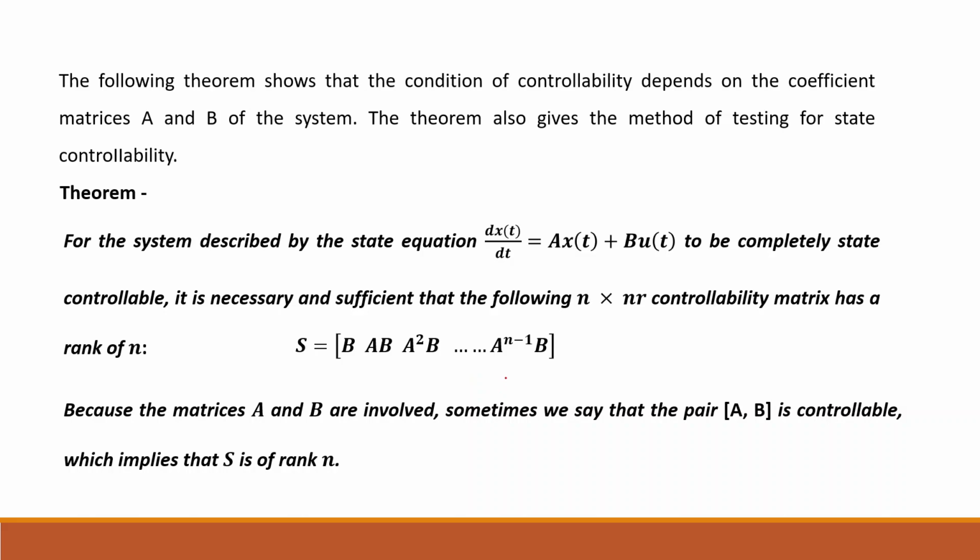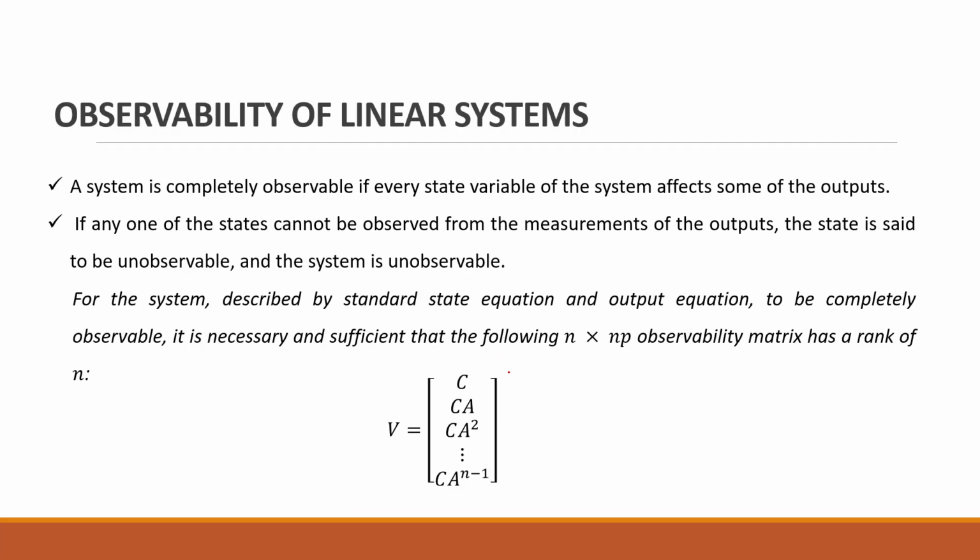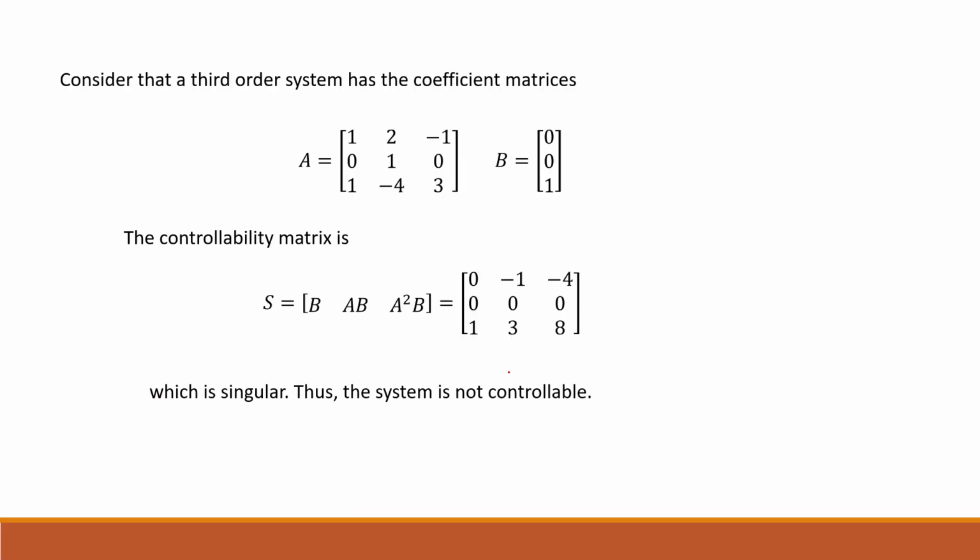If the determinant comes out to be 0, we have certain states that are uncontrollable. So if we have such a system, we can find S. For this system, let's just do the math. So S is equal to [B, AB, A squared B].